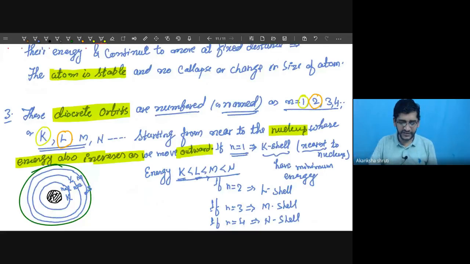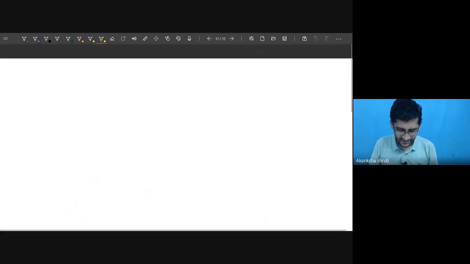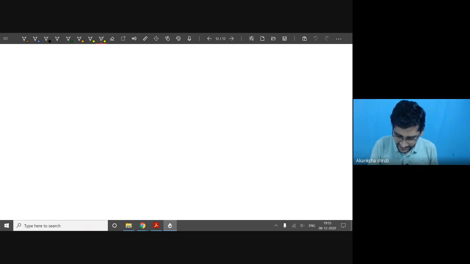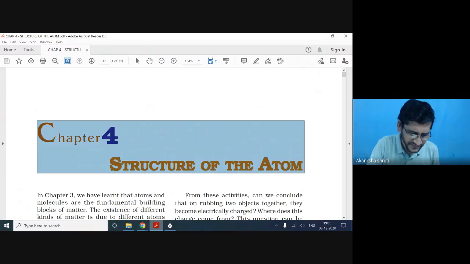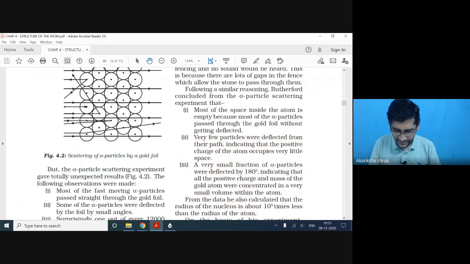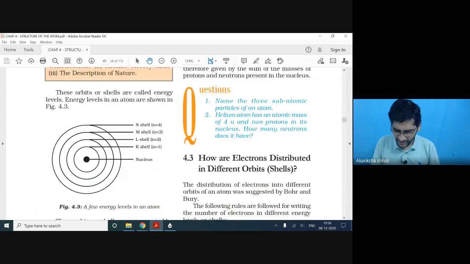Now let us go for distribution of these electrons. Students, we can see our book also. In our book, we can see how this model is drawn. It is like this one. See, this is the representation of the Bohr model.